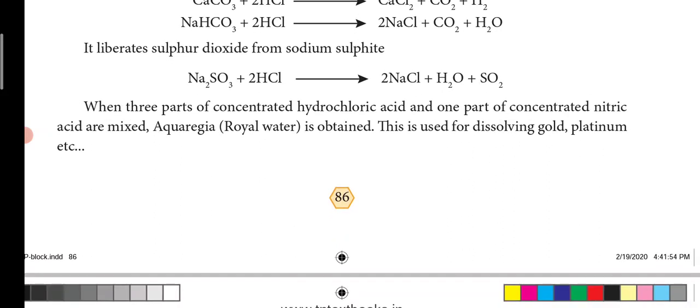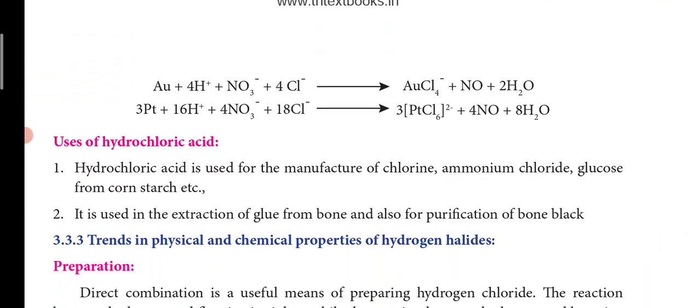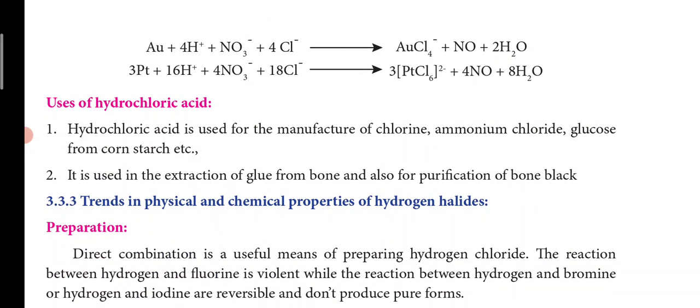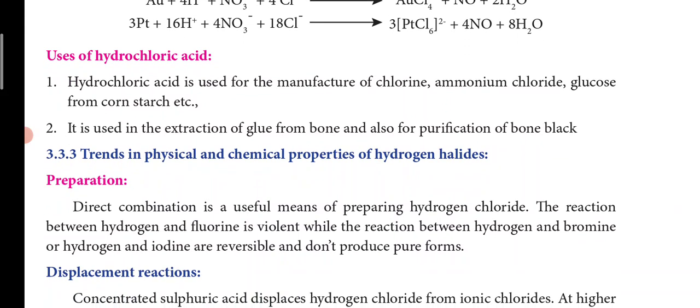This is highly concentrated. It is used for dissolving gold and platinum to remove impurities. The equation is given here; all the impurities are removed so that you get the salt of that particular element.